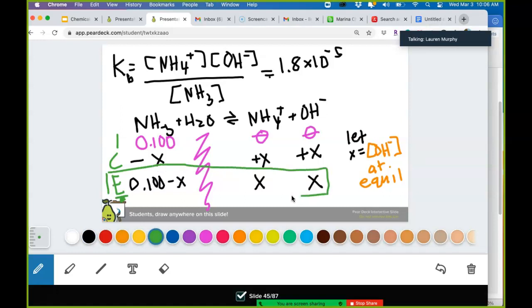Kinda. I mean, I have a bunch of variables in here, but we're going to try to work that out. And so now that I have equilibrium numbers, I can plug into my equilibrium expression.